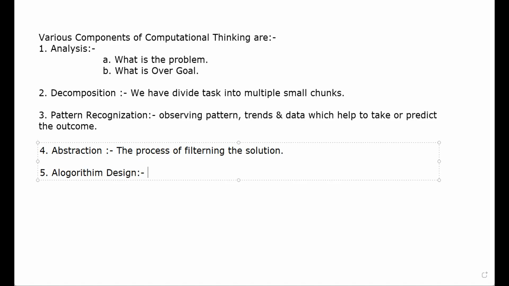An algorithm is nothing but solving the problem step by step.